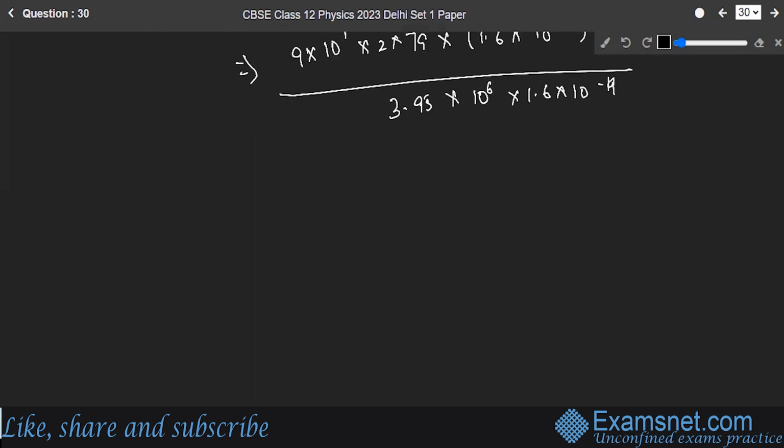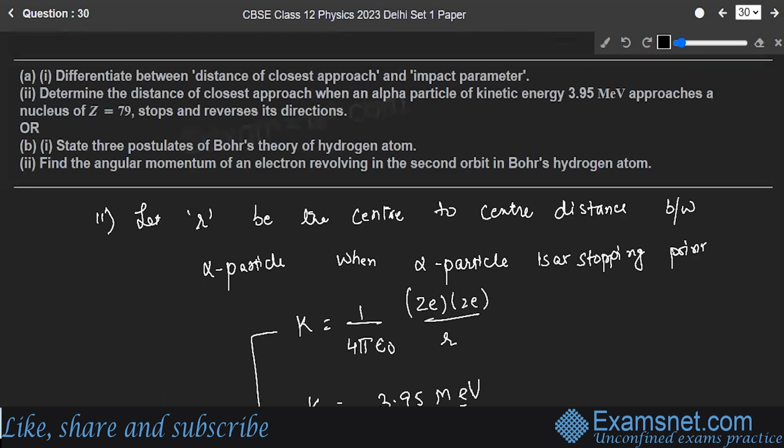On solving this whole thing, you will get your answer as 576 into 10 raised to power minus 16 meters, or this is equal to 5.76 into 10 raised to power minus 14 meters. This is the answer to the first part, 5.76 into 10 raised to power minus 14 meters.